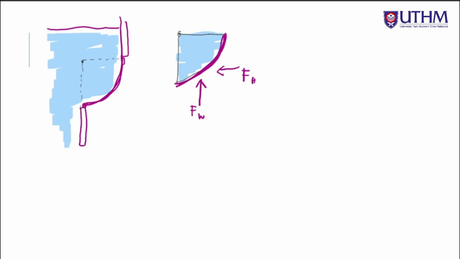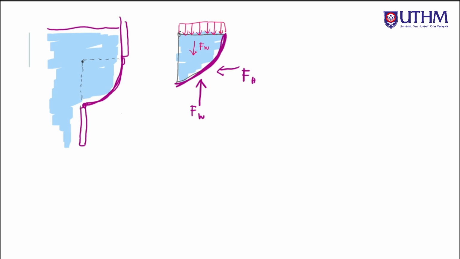Lepas tu dekat atas ni pula actually kita boleh pecah pada horizontal and vertical juga. So kat sini sebenarnya kita ada FW. What is FW? FW is force due to weight of the water. And then kita kat atas ni juga ada this pressure forces.